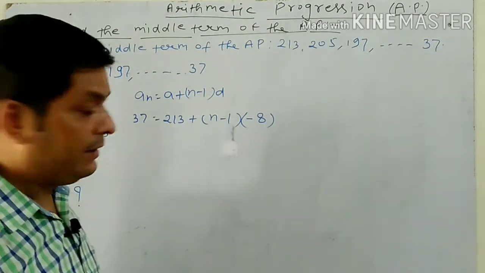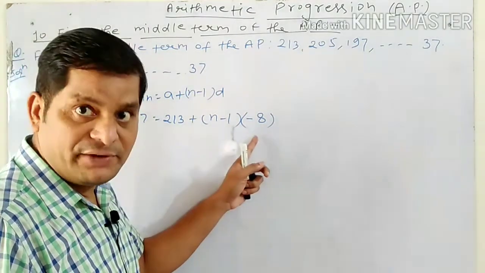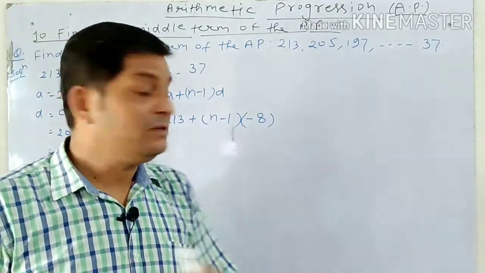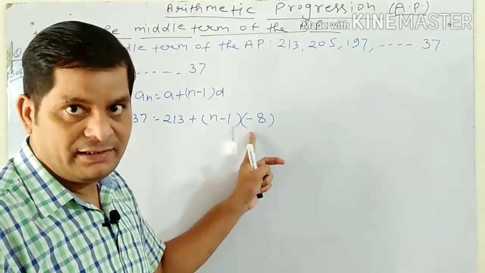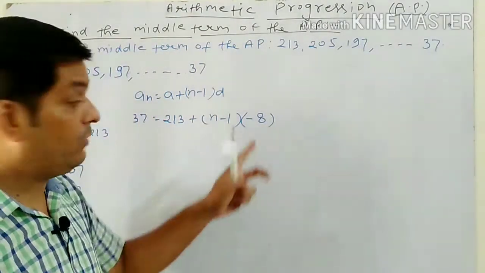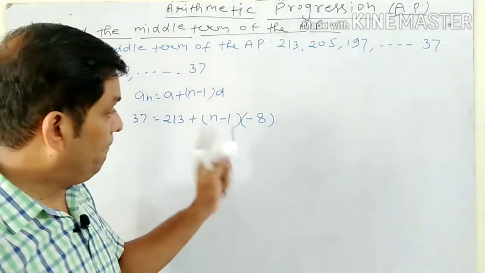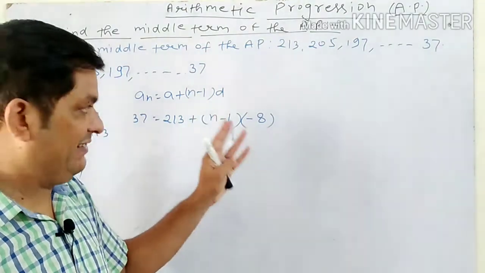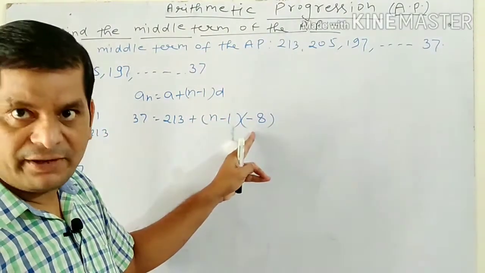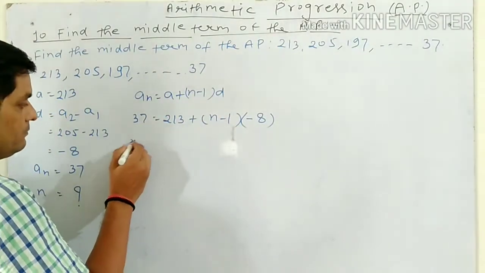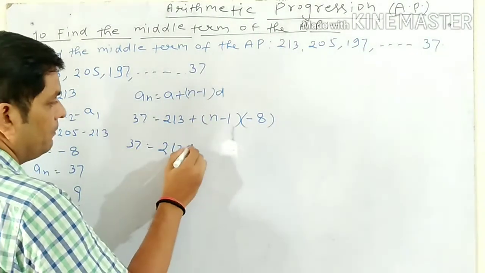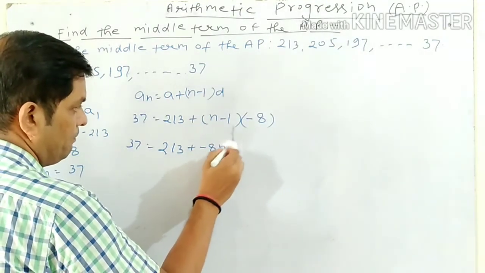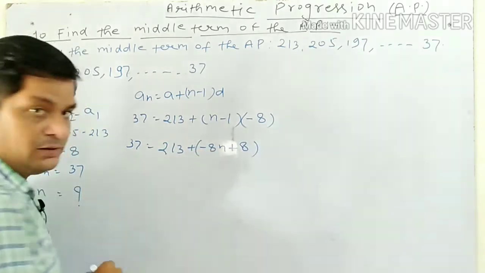One question can come to your mind: why do we write minus 8 in a bracket? Every time a negative term will be written in a bracket, because without the bracket we can get confused when we multiply. So whenever d is negative, we write the value of d in a bracket. Now open the bracket: 213 plus minus 8 multiplied by n minus 1 gives minus 8n plus 8, written in a bracket.